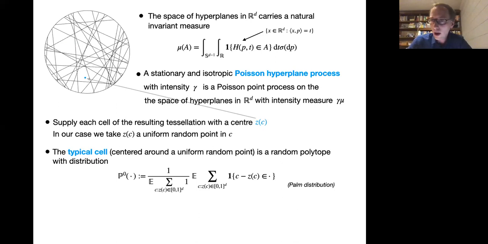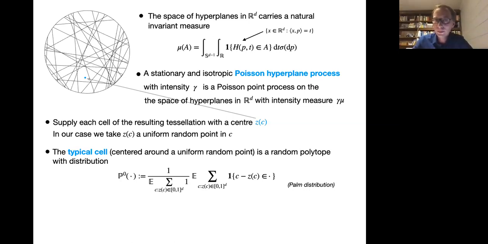And now we select one of these polytopes at random, and we do this as follows. For each polytope that you see here, you select a uniform random point. Namely, we supply each cell of this tessellation with a center, which is denoted by z(C). In our case, we take z(C) to be a uniform random point in these polytopes. So to each polytope, you attach a blue random point, which is uniformly distributed in each of these polytopes.